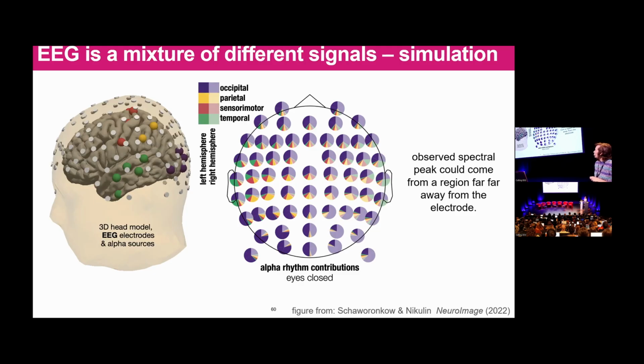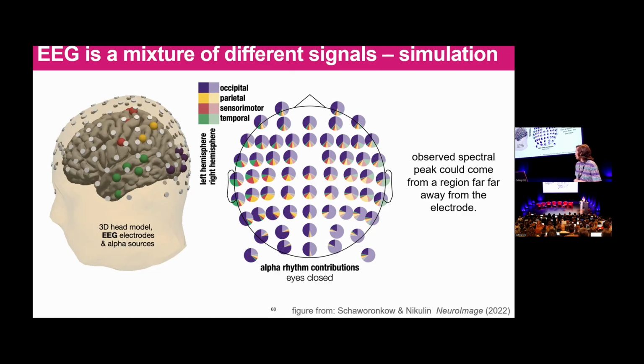Here occipital sources are colored in purple, one for the left hemisphere and a bright version for the right hemisphere. You see that even for frontal channels, the contribution of sources back here can be very large if the signal is strong.